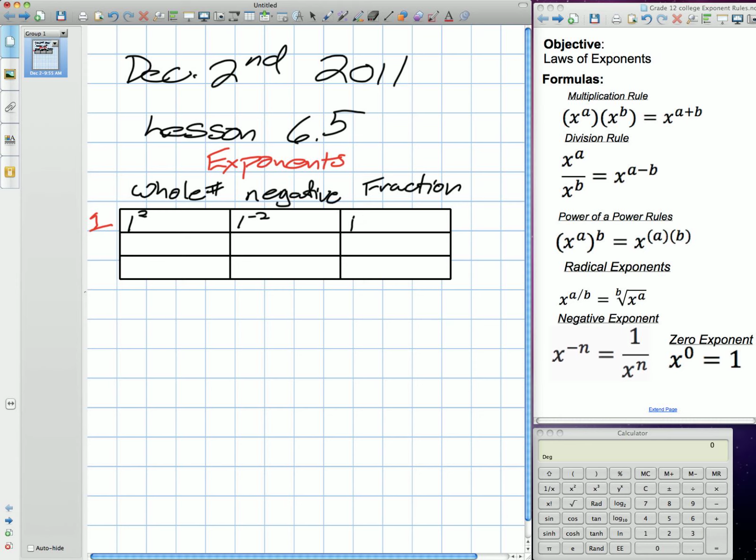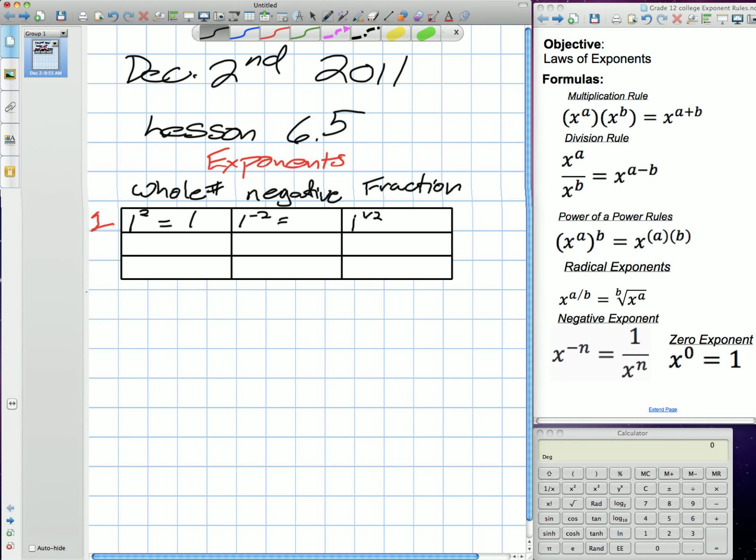1 to the power of 2. Anyone know what that is when we evaluate it? 1 times 1 is 1. 1 to the power of negative 2. Do you guys remember our little rule, what we have to do when it's negative? Anyone know?